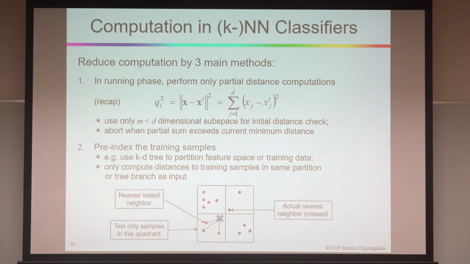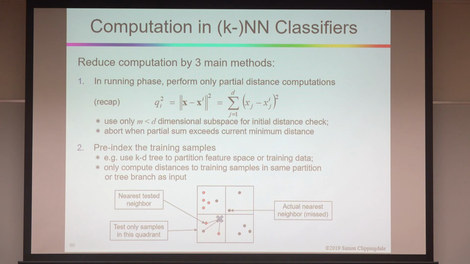Of course, the risk is that you'll miss the actual nearest neighbor if it's there. So again, it's a trade-off between error and computation.